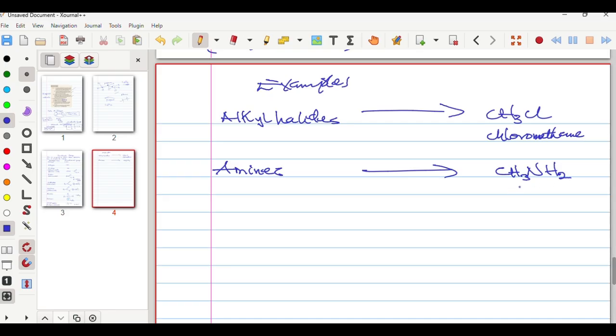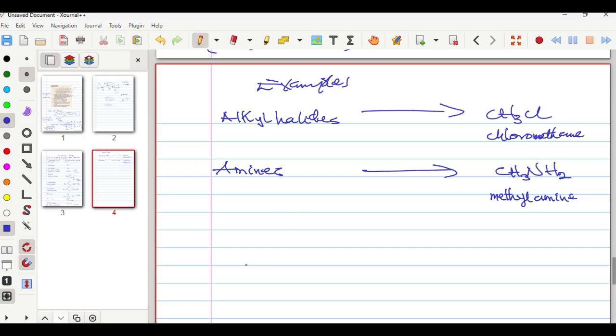So this one will become methylamine. Don't disturb yourself with the name for now. Methylamine. Just to give an example of a compound with the amine functional group.